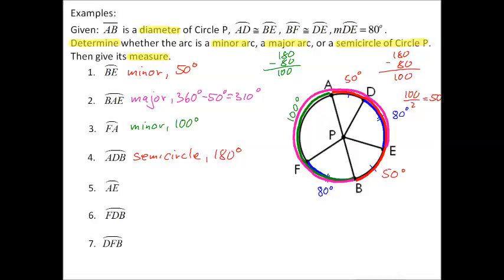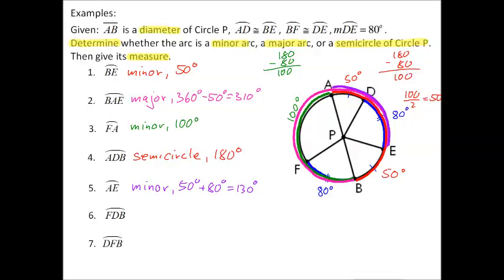Next we're looking for arc AE. Arc AE goes from A to E, and that is a minor arc, and the measurement is the addition of arcs AD and DE, so 50 degrees plus 80 degrees, which is 130 degrees.